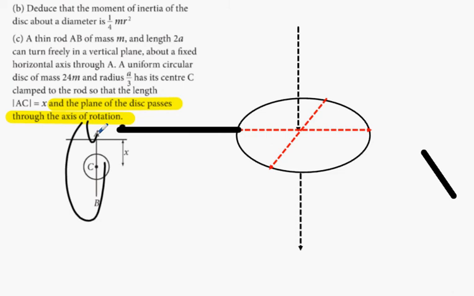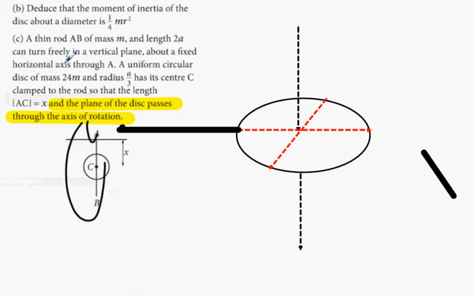That's the circle, that's the rod, and it's going like this. The plane of the disk passes through the axis of rotation, as opposed to it being free to rotate in a horizontal axis and then vertical to the axis of the board.